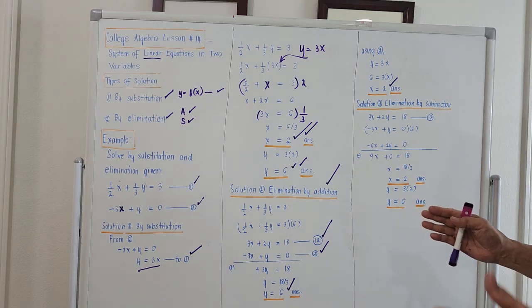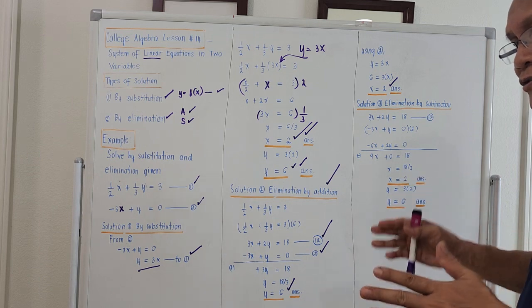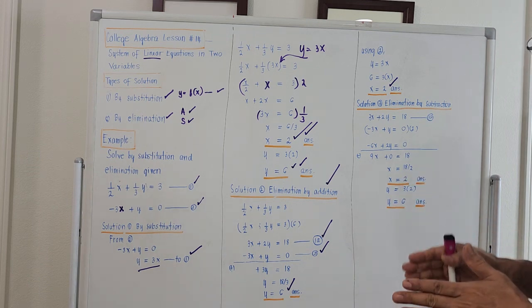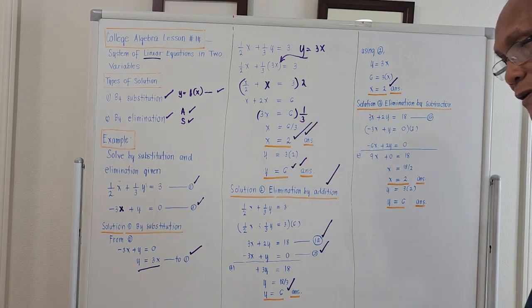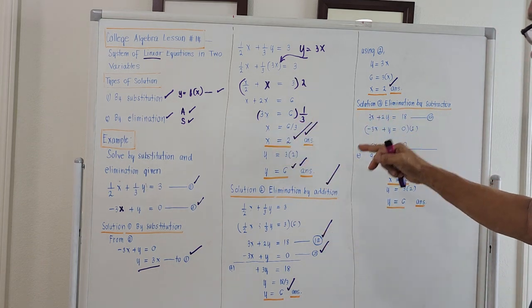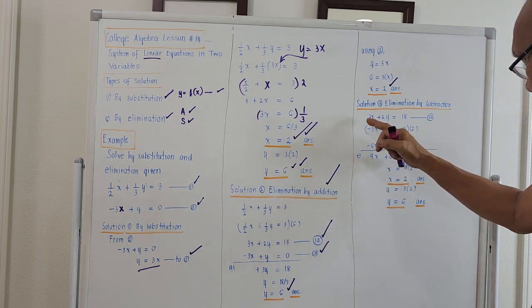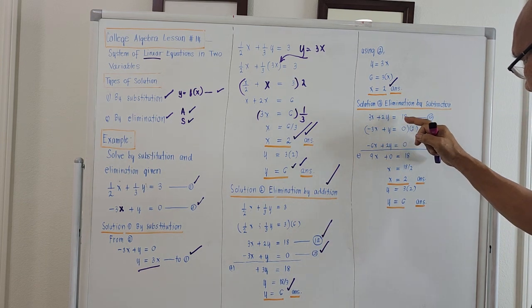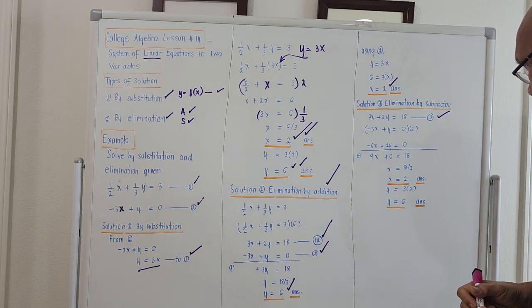Okay, let's try to bring out solution number 3. It is still elimination, but we must perform the operation subtraction to eliminate the other variable. So if we try to rewrite or copy equation 1a, equation 1a is 3x plus 2y equal to 18. That is 1a. We will rewrite equation number 2.